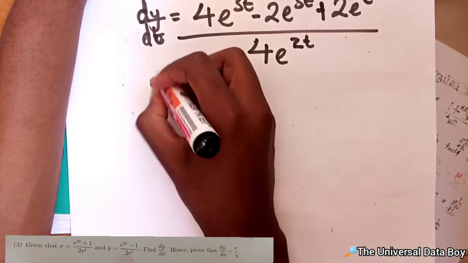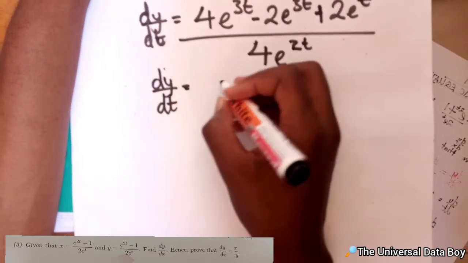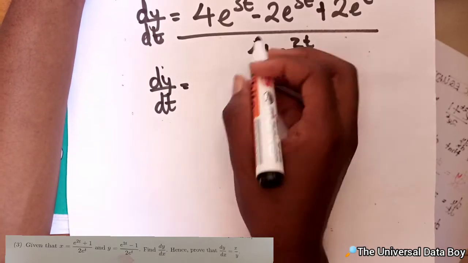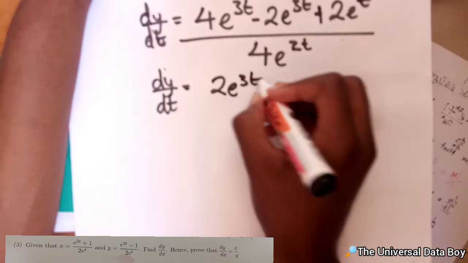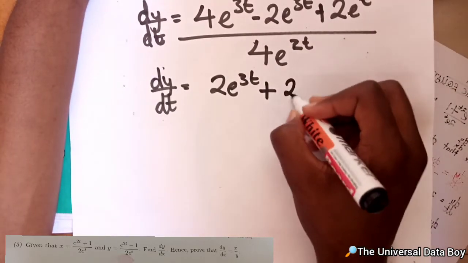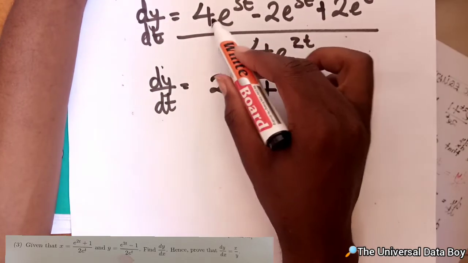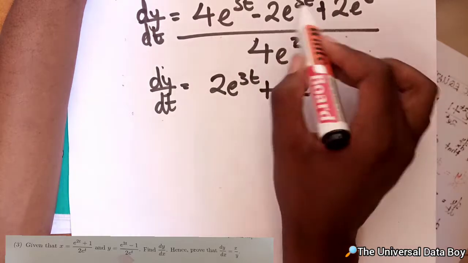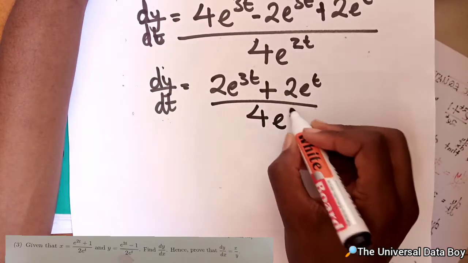So now we're going to have dy by dt equal to, when we subtract this one, 2e to the power 3t plus 2e to the power t, because these are actually the same things, except the coefficient is the one that differs, but the variables are the same. Then we're going to have over 4e to the power 2t.